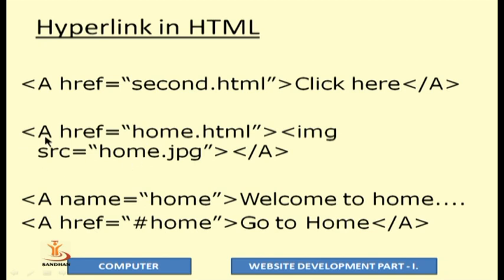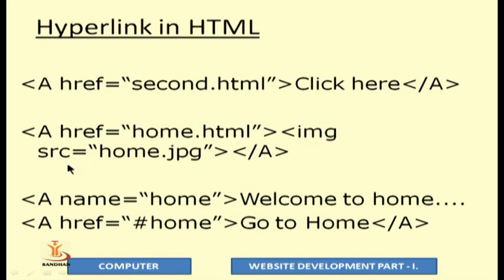Similarly, in the next example, I have written a href equal to home.html, where this A hyperlink is covered under an img tag, and this img tag consists of src, and src is an image statement.